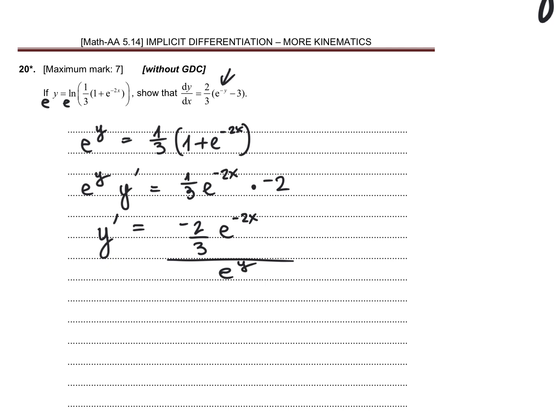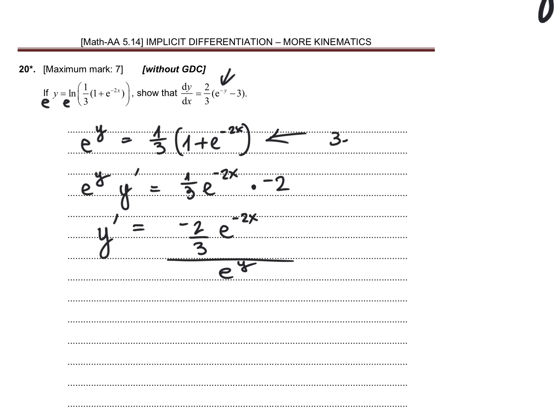Okay, so if we look where we're going, we need this all in terms of y. So we need this e to the negative 2x away. So we have a relationship here between e to the y and e to the negative 2x.